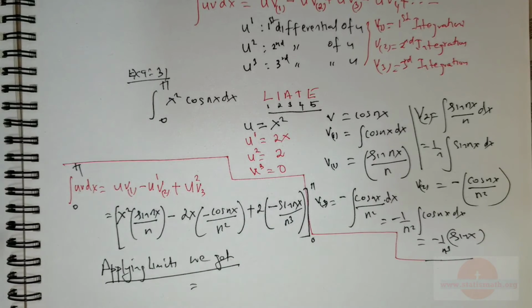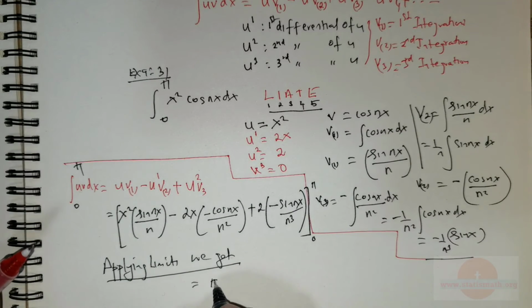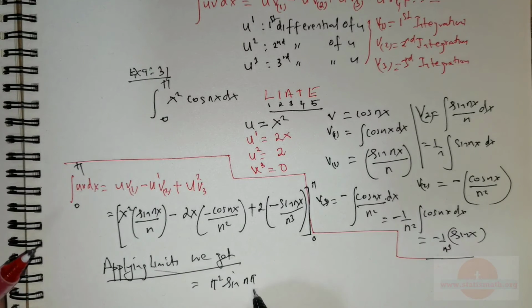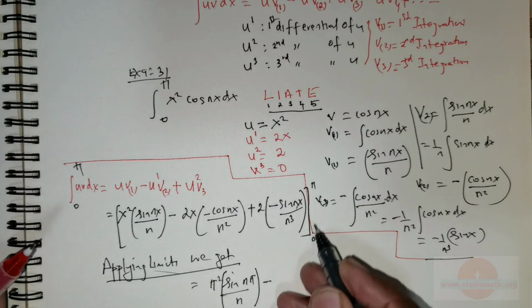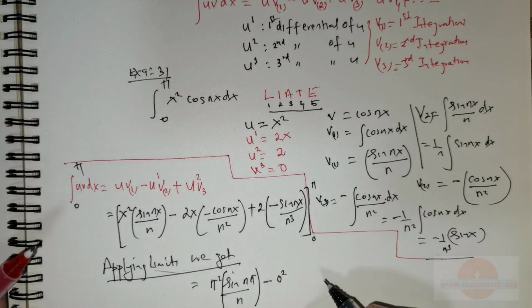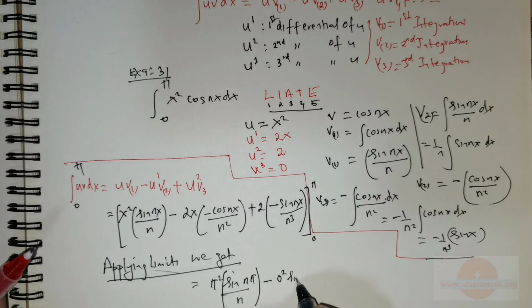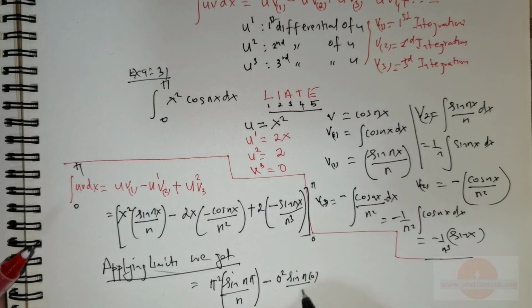Applying limits, so what do we get? You apply the upper limit. It's going to be pi squared times sine nx. So it's going to be sine n times pi divided by n. Negative lower limit is going to be 0 squared times sine n times 0 divided by n.